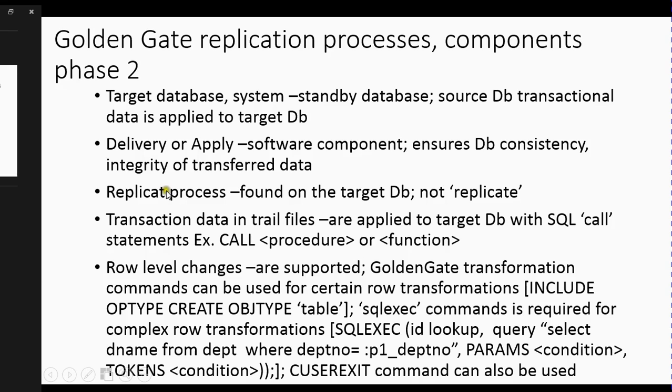It uses a software process called the replicat process. Again, very important, it's not replicate, it's replicat. That's just the way Oracle refers to it. It's found in the target database, and it's responsible for the unpacking of the transactional data that has been transferred by the pump process. The transactional data comes in the form of trail files, if you remember the diagram.